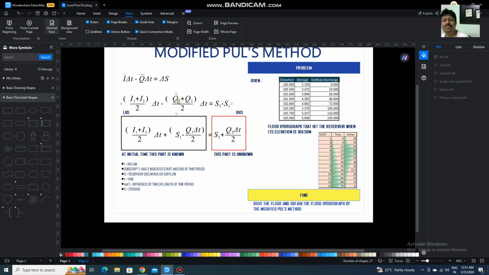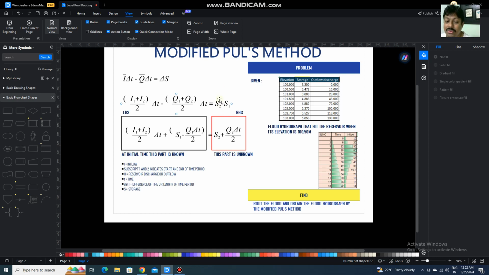Okay, and this S2 and S1: S2 is the storage of the reservoir at 4 pm, if I am considering the initial time period. And minus S1 means what was the storage at the time 10 am.